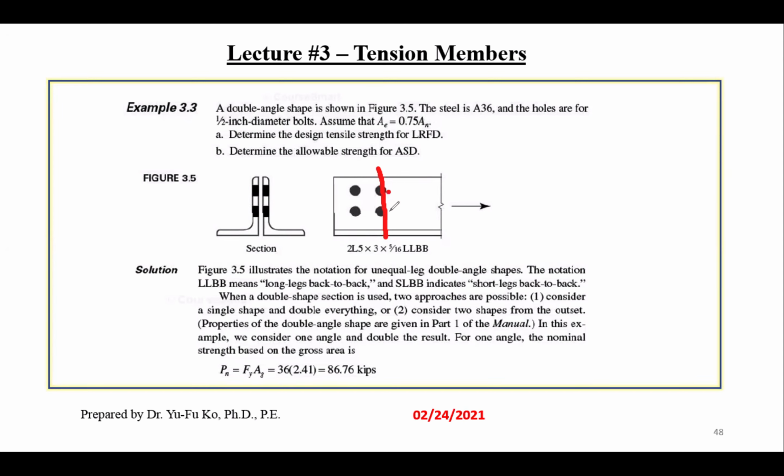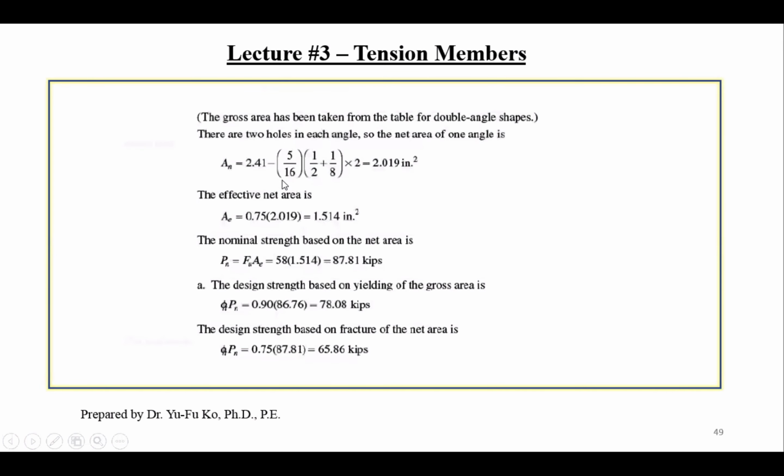You got 1? 2. 2, that's correct. So you got half diameter plus 1/8, like I told you, and then times thickness of the angle, then the total area minus this bolt hole area, but you have two bolts, so times 2. So your net area is 2.019 square inch.